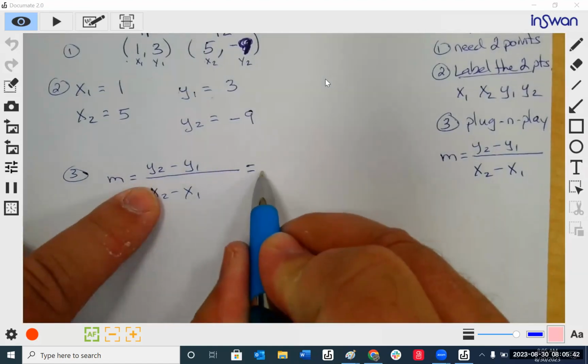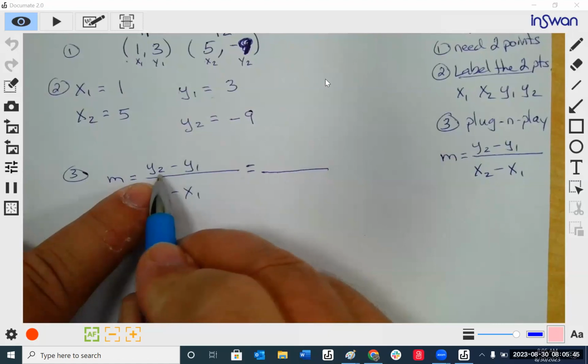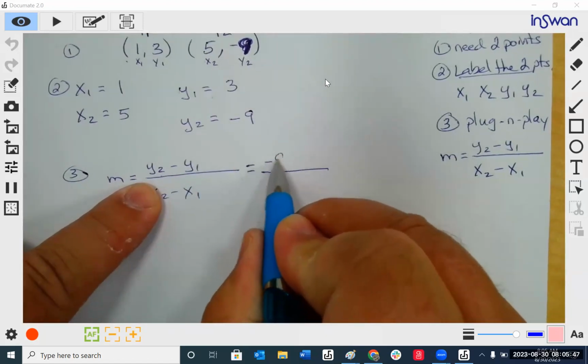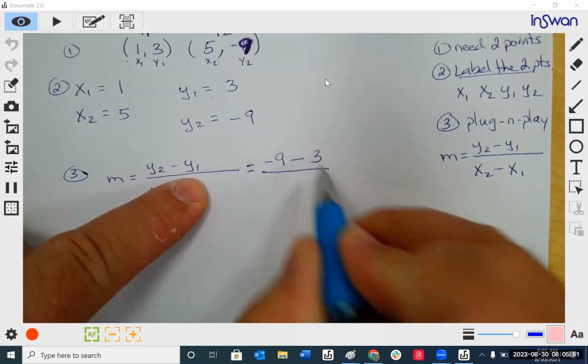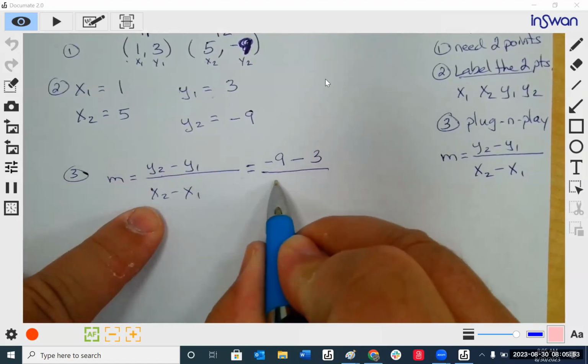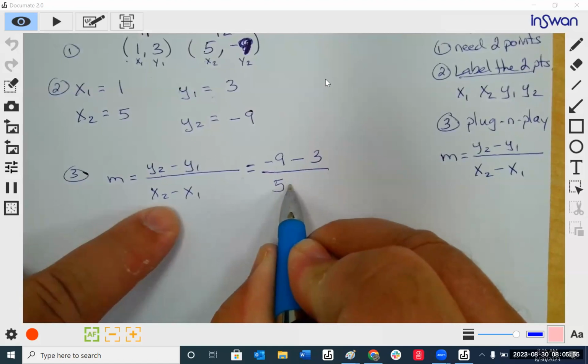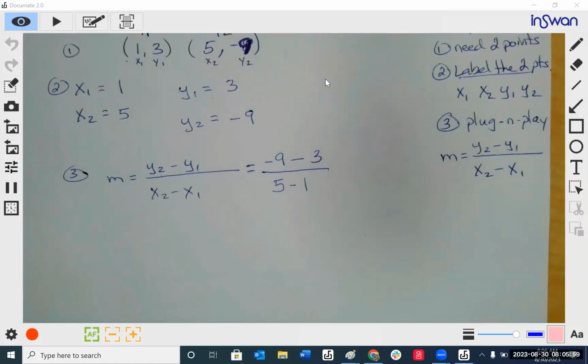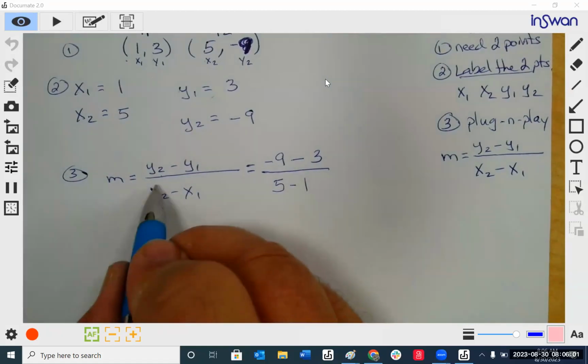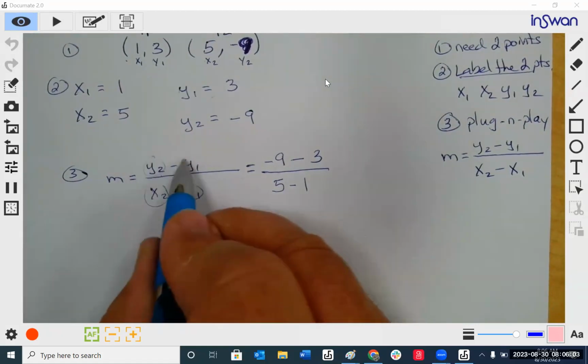So in our equation, what is y2? -9 minus y1, 3, over x2, 5, minus x1, 1. Because all you have to do is just plug in these values here.